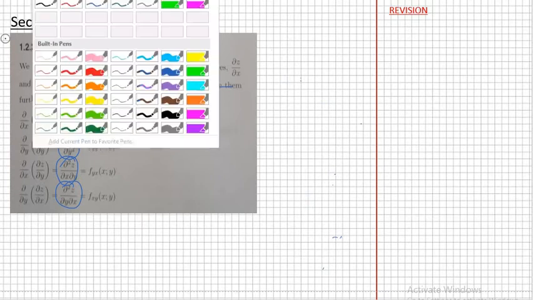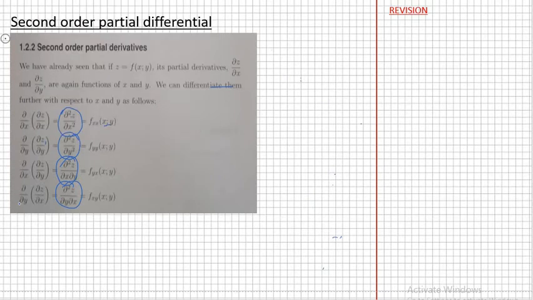And then we have the last expression. This is the second partial derivative of z with respect to y, and then with respect to x. So what does it mean? We have a multivariable function z, which is made of x and y variables.